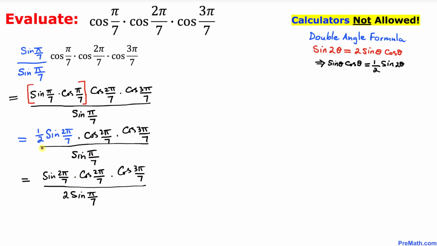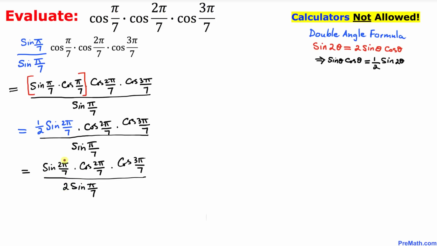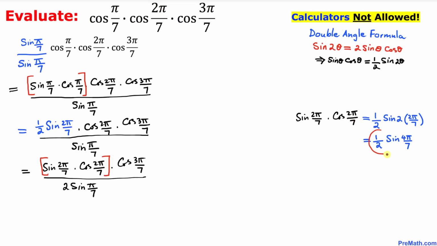In this next step, I have brought this 1 over 2 into the denominator. Now let's focus on the numerator, sine of 2 pi over 7 times cosine of 2 pi over 7, and use the double angle formula once again. It can be written as 1 over 2 times sine of 4 pi over 7.